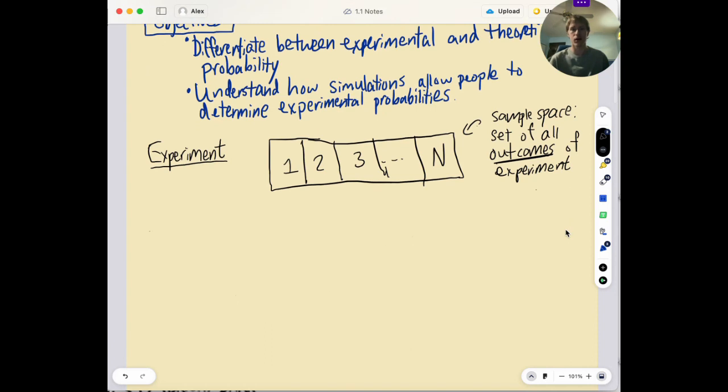Now, for our setup, we're going to assume that there are capital N possible outcomes with the following properties.